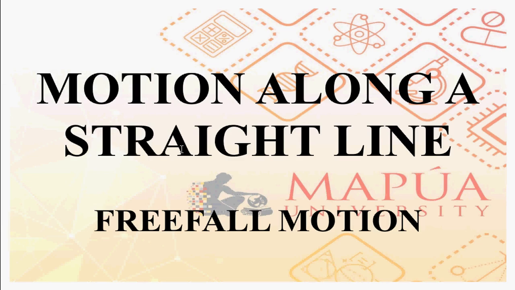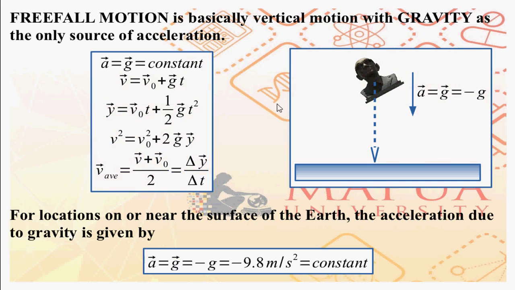So next we have freefall motion. Freefall motion is basically a continuation of uniform acceleration discussion in that the acceleration is constant at a non-zero value.